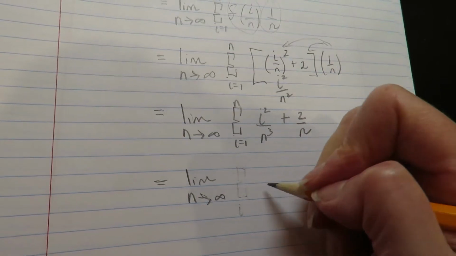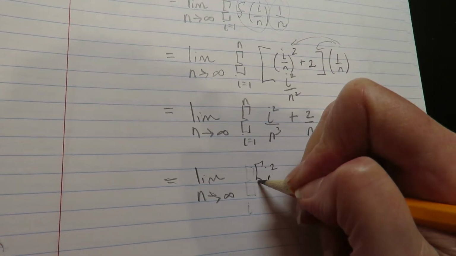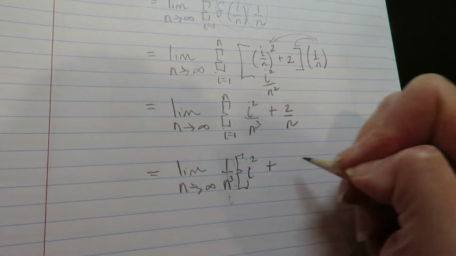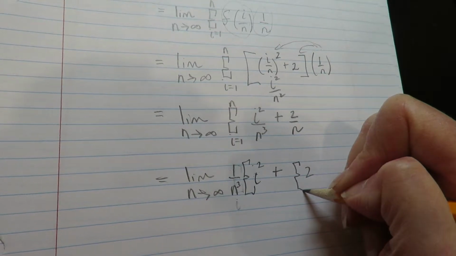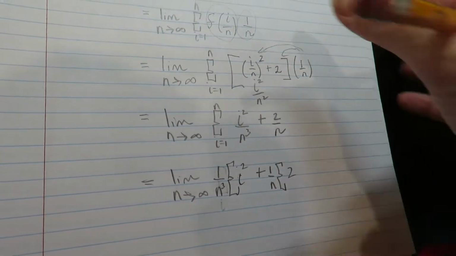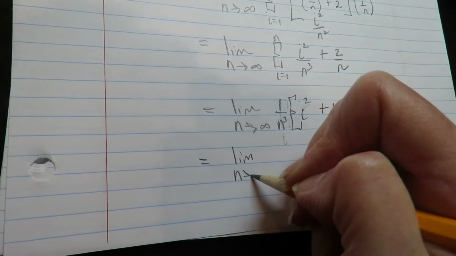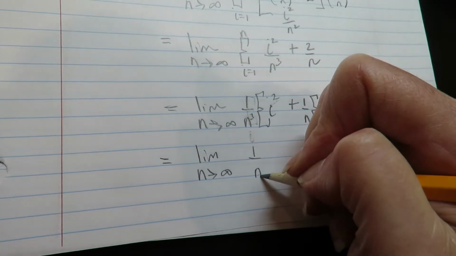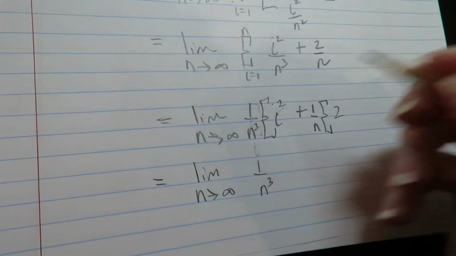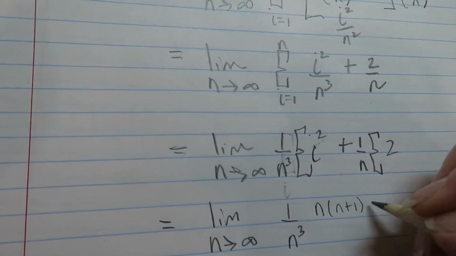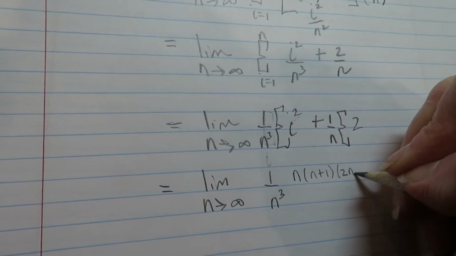So remember, i is the variable for sigma. The n's you can think of them as like constants. Okay, now I'm going to replace it with the formula. Okay, i squared, n times n plus 1 times 2n plus 1 over 6.